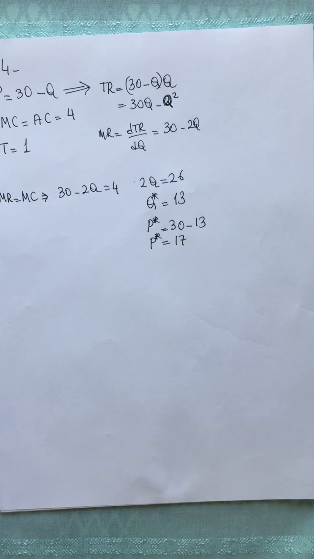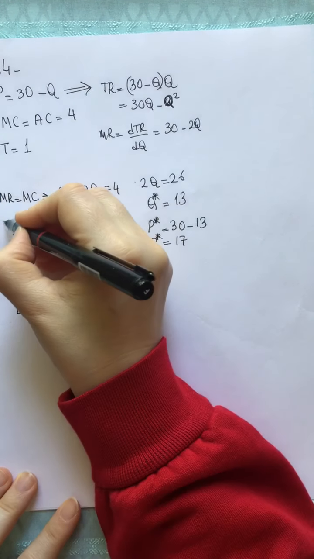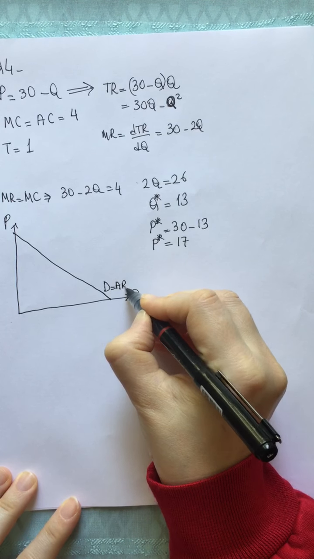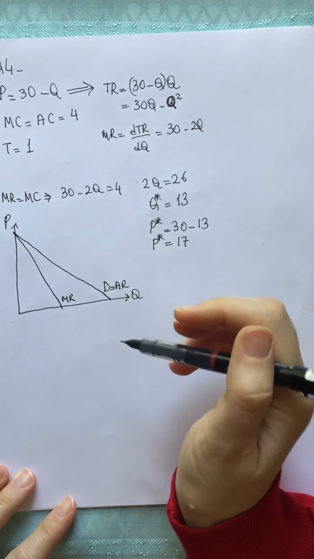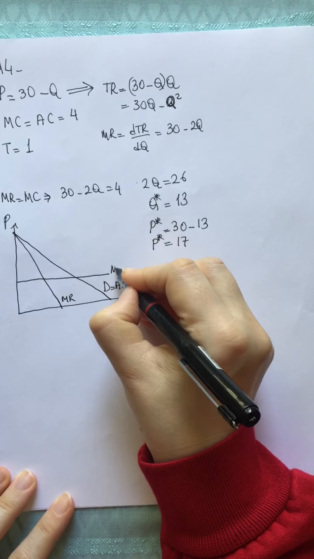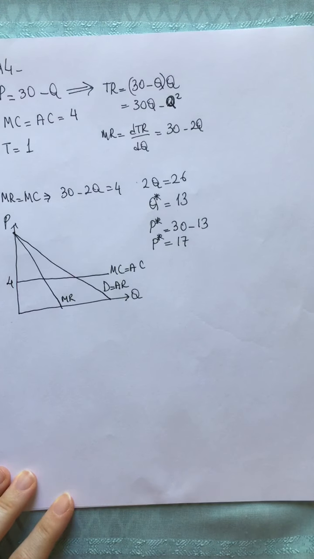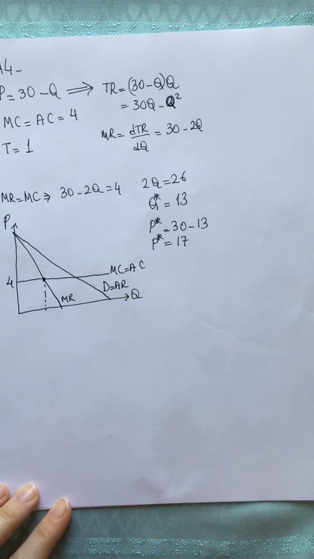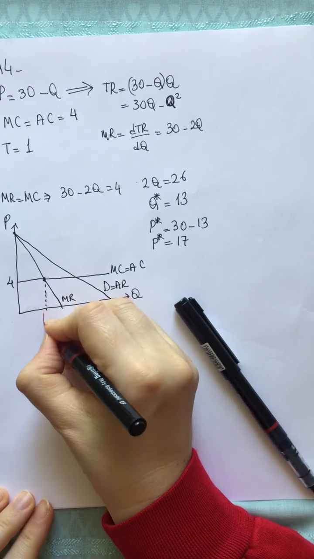Let's draw what we found. That is the inverse demand function of the monopolist, and in the middle the firm has the marginal revenue, and the constant marginal cost and average cost equal to 4. And we found that where marginal revenue equals marginal cost before the tax, the profit maximizing level of output is 13.